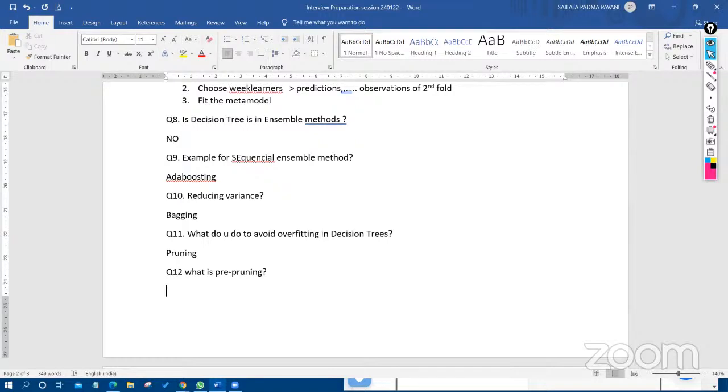Yes, you can generate fewer branches for pre-pruning, and for post-pruning, you generate full branches and then remove parts of it. Very good, Ashish.